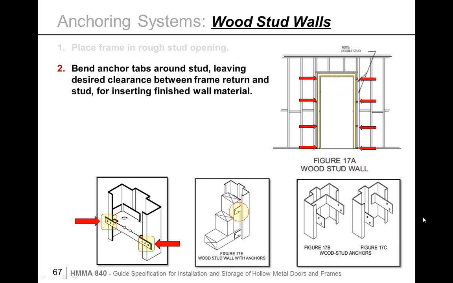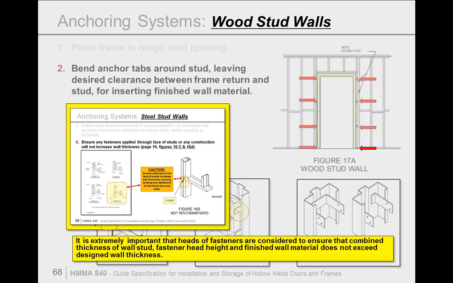But in any case, the anchors have to be bent around the stud. And in this step, again, it's a critical issue that the fasteners do not build up the wall thickness like the steel stud frame, or that the flanges on the anchors are not twisted or deformed, because that will actually space the drywall out and expand the wall thickness.